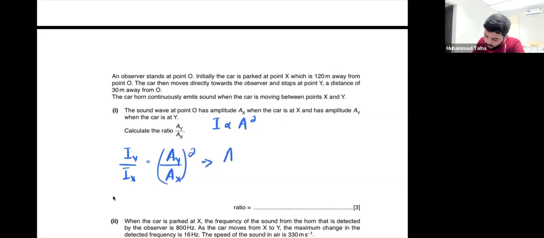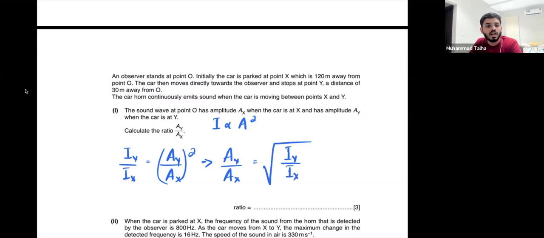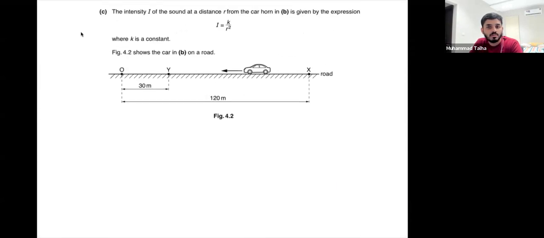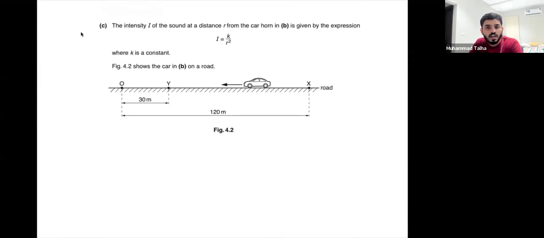So if I want AY over AX as a ratio, it is the root of IY over IX. Now, how do I find IY over IX? Through the formula which was given above, right? So at Y, what do we have to do?